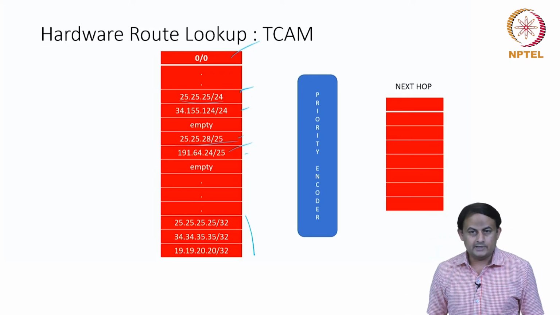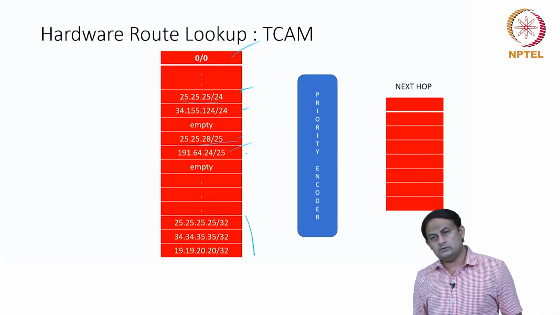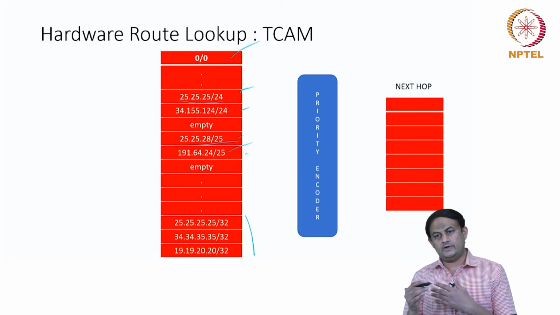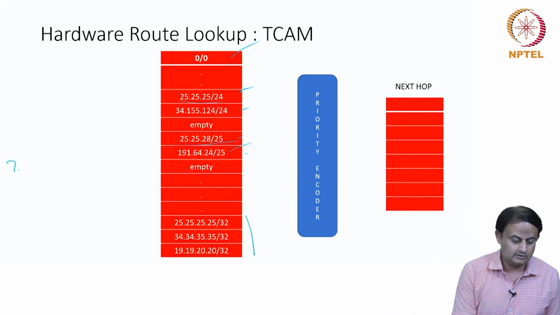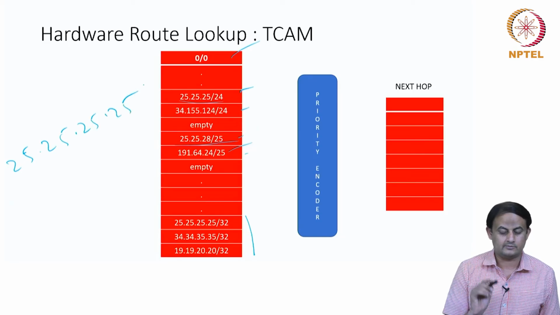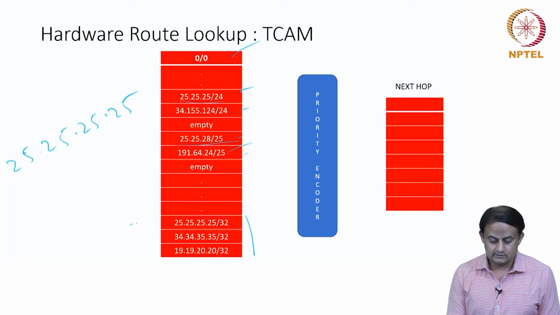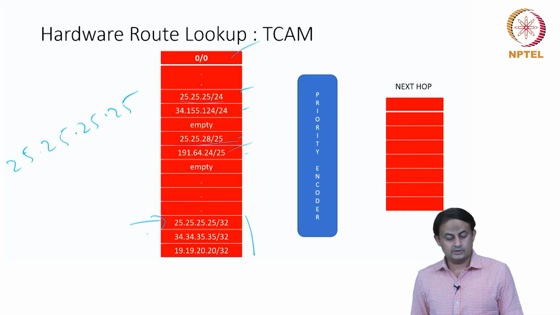And then what might happen is, if I get an IP address, more than one entry can find a match. So for example, if I get an IP address 25.25.25.25, this is the entry which is going to match, the /32. This is the exact 32-bit address.